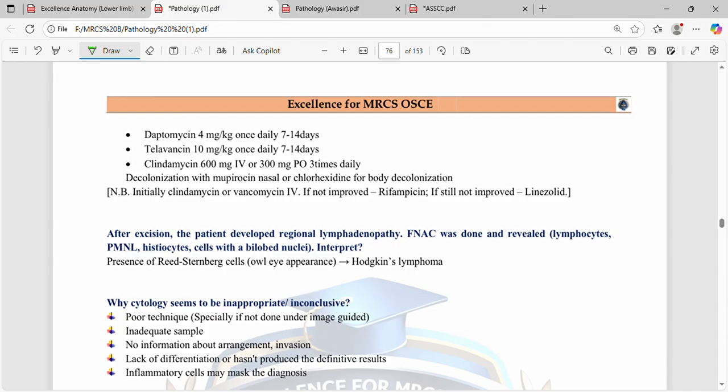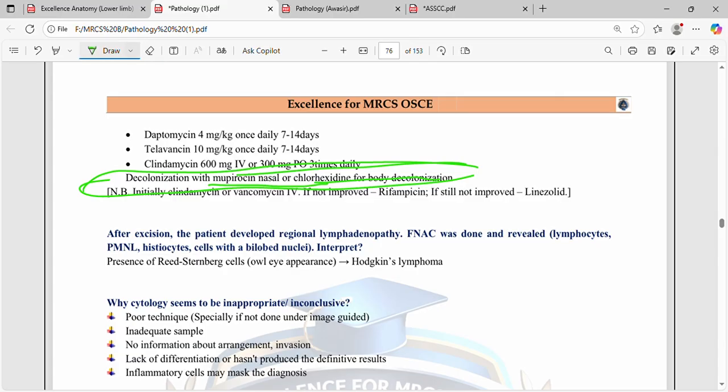You also have to do decolonization with nasal mupirocin and chlorhexidine for body decolonization. So you give him or her mupirocin nasal spray to remove this from the nasal cavity, and also give chlorhexidine to shower with, so you have body decolonization.